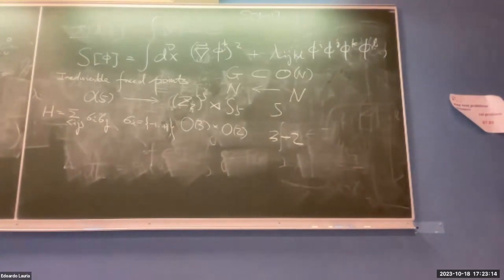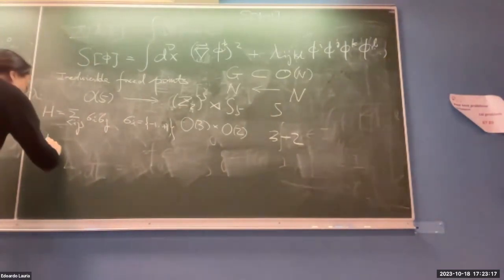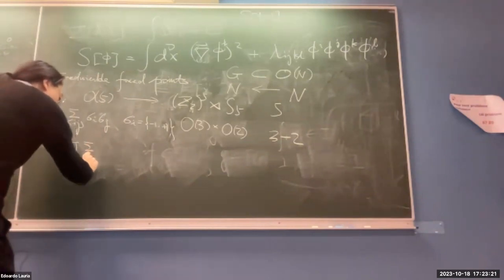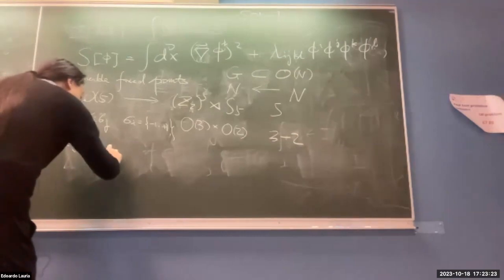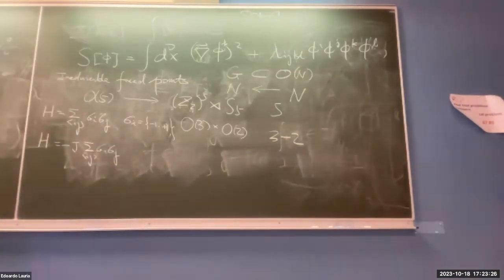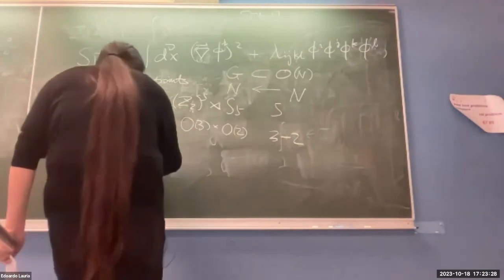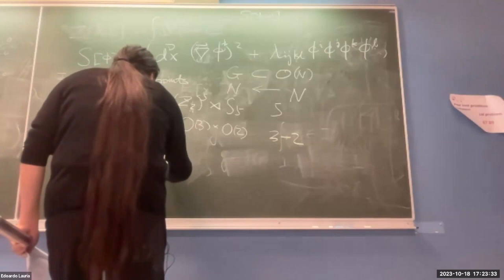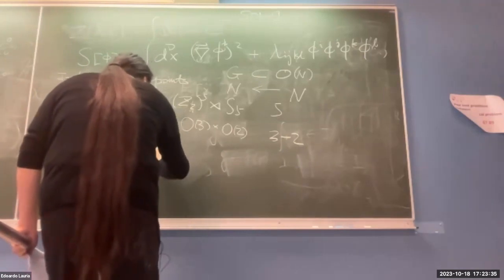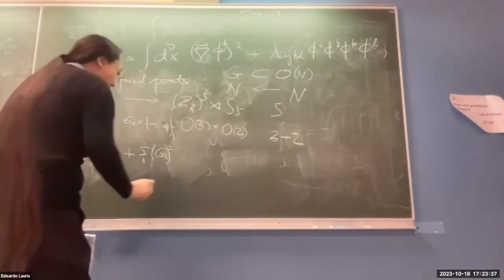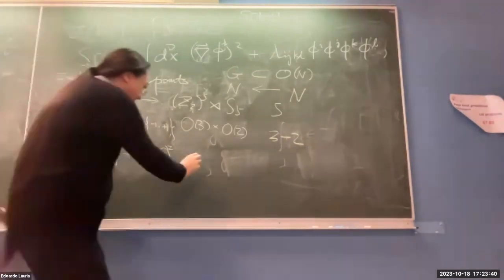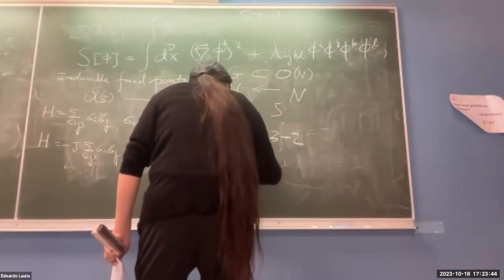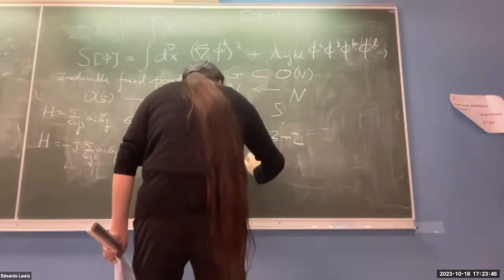Let's consider a small generalization of this model, still with nearest neighbor coupling, but I add another term, and now I allow my spin to take 3 values: 0, -1, or +1.